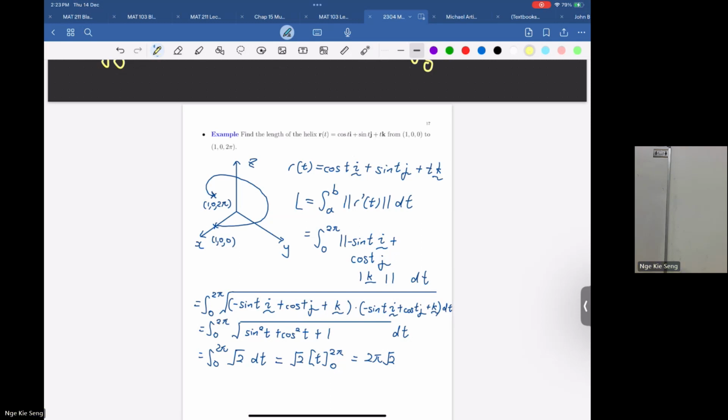Why? It becomes longer. Makes sense or not? Why does it make sense?